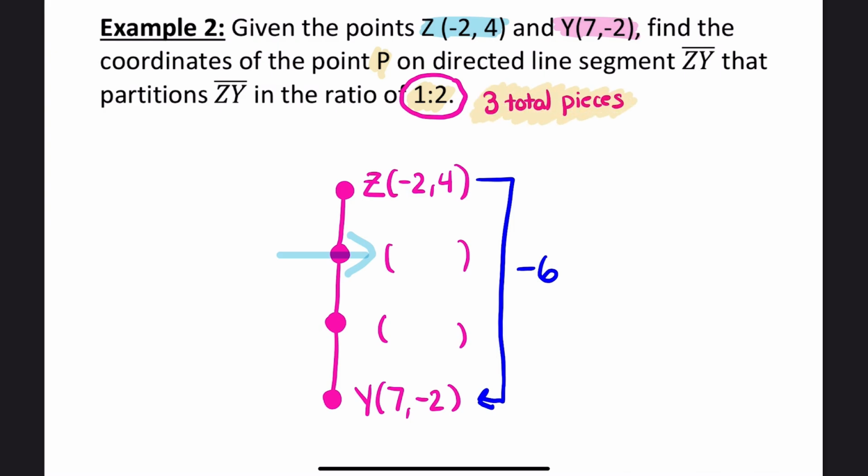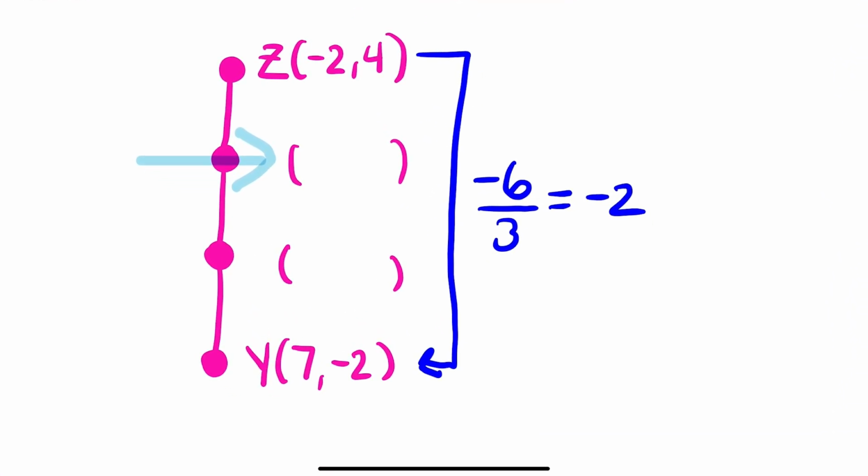So I'm going to divide this by 3. -6 divided by 3 is -2. And that's going to tell me how I move for my y's. 4 minus 2 is 2. 2 minus 2 is 0. 0 minus 2 is -2. And look, I got -2 down here, so I did a good job.